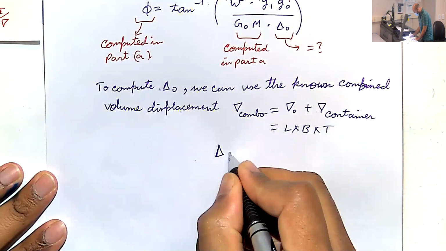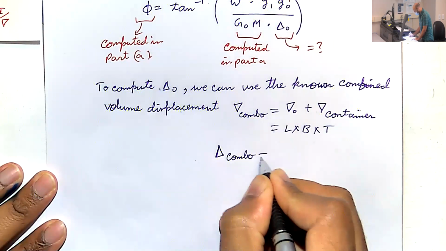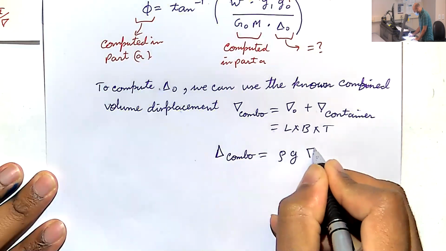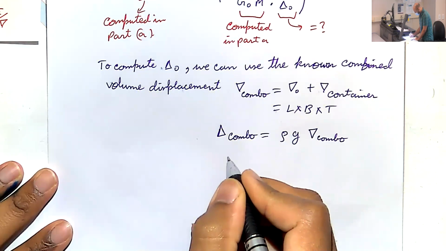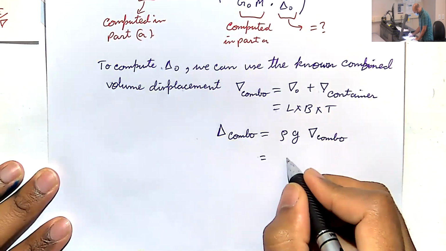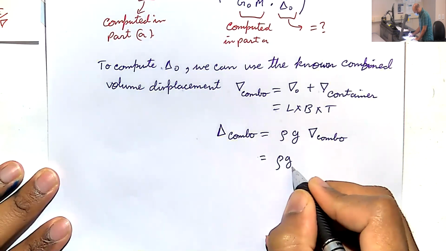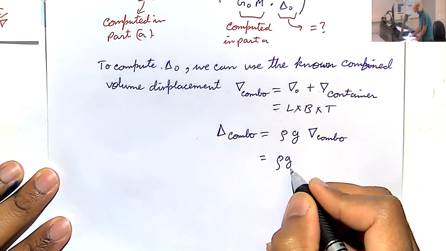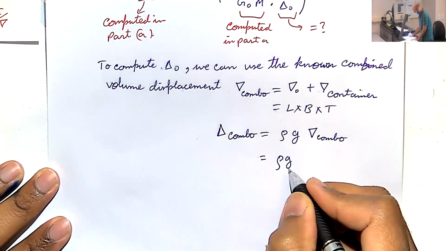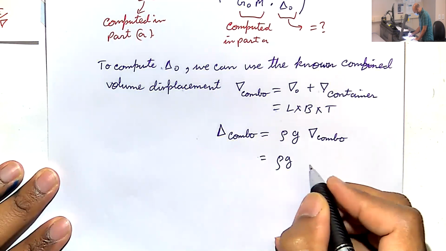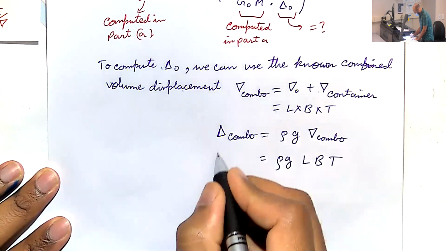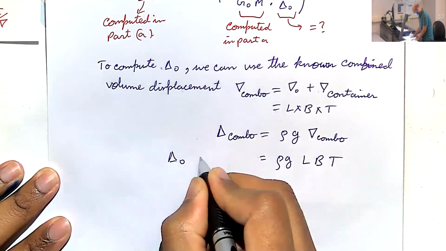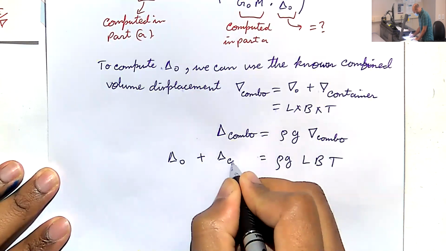Delta combined we know is rho G nabla combined, so this is rho G times LBT, and delta combined is delta hull plus delta container.